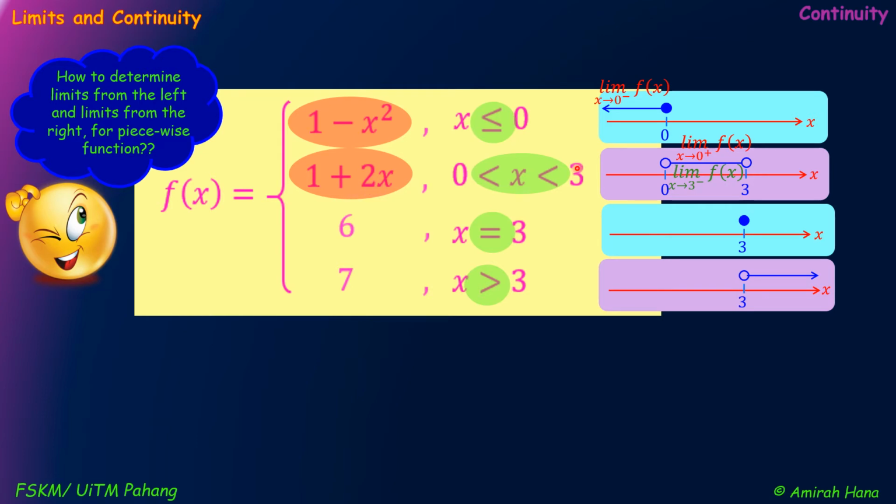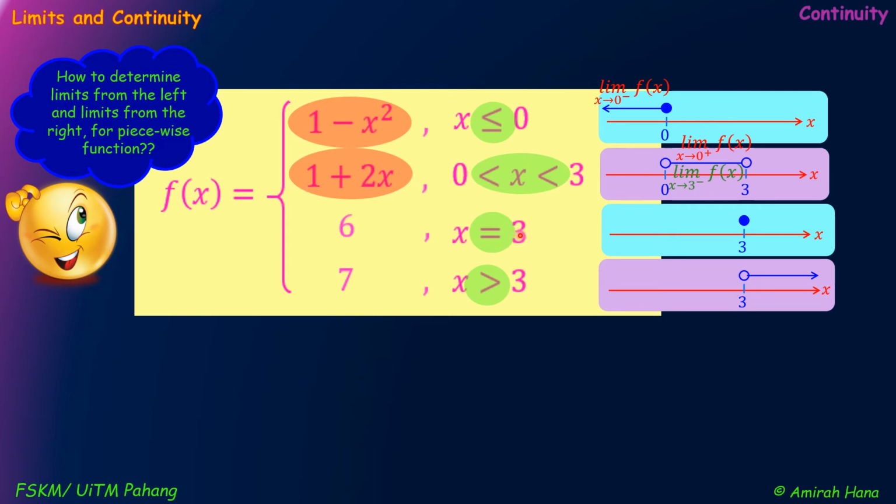I repeat, to find limit x approaches 0 from the right of f(x) and limit x approaches 3 from the left of f(x), we use the same function because this real number line represents this domain and this domain is for this function, or this f(x).